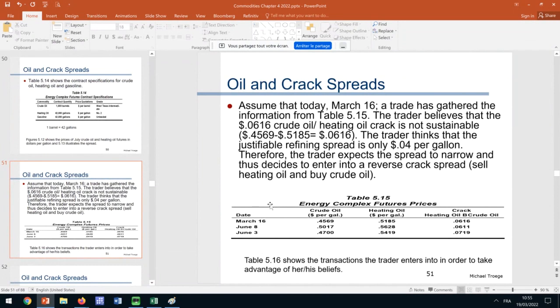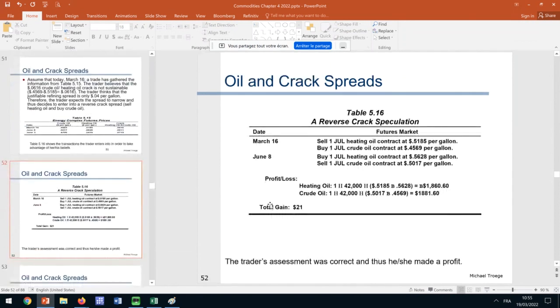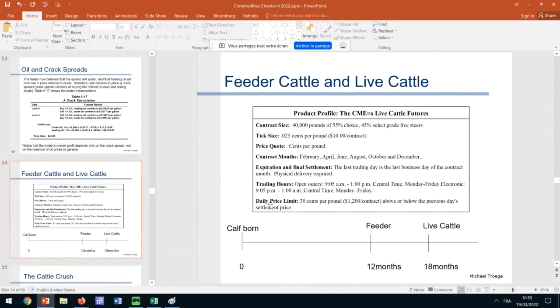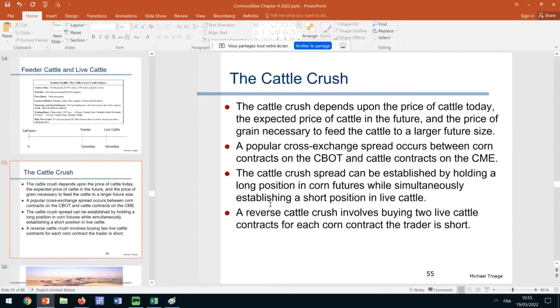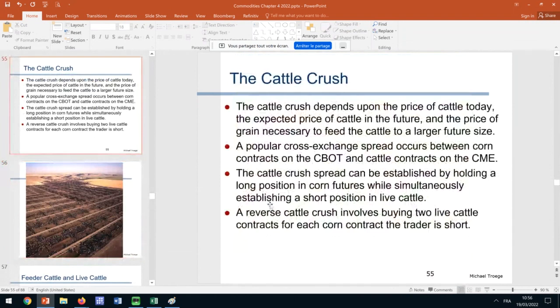It's much more complicated because in the production you can adjust how much gasoline and how much diesel and how much of what kind. To a certain extent you can arrange your outputs, and you get the idea. You can do similar kinds of speculations. So let's stop here for today, and then we start tomorrow with the cattle crush.